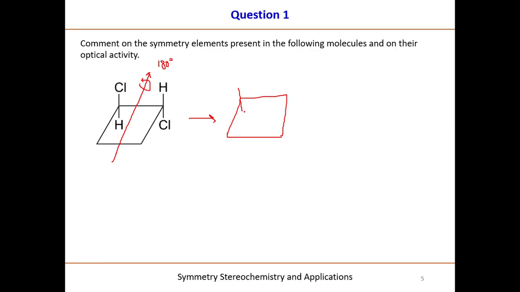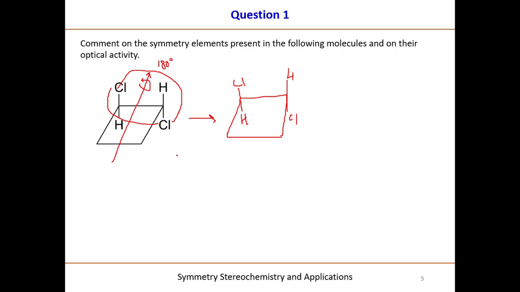So what will happen after rotation? We will get the Cl here, hydrogen here, and Cl here, hydrogen here. This Cl will go here, and this Cl will come to this side. Correct? Now you can see that both the images are the same. The only difference is the position of Cl, and that means it is indistinguishable from the original one.